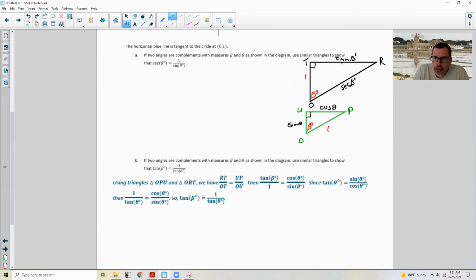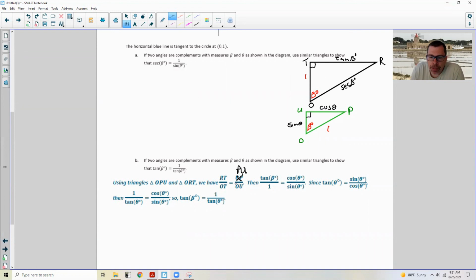RT is to OT as, so if we go from R to T, we don't want that to say UP, we want it to say P and U. Our corresponding parts have to line up. And OT, I would say OU. There, that's better. I don't know why they put UP. They're going the wrong direction. Okay, so if I looked over here, RT is the last two in that order. PU are the last two in that order. That should not say UP, it should say PU.